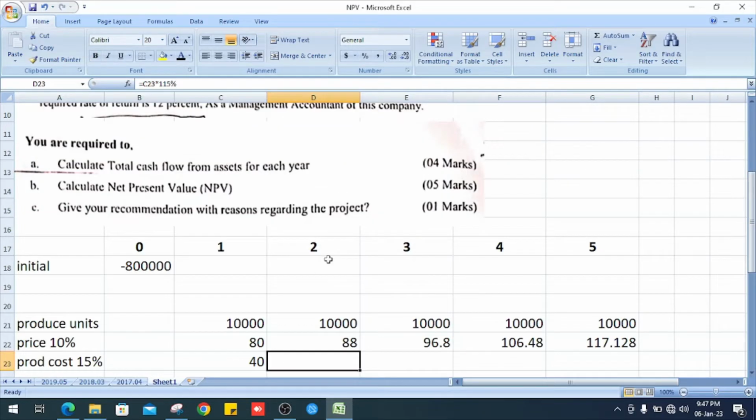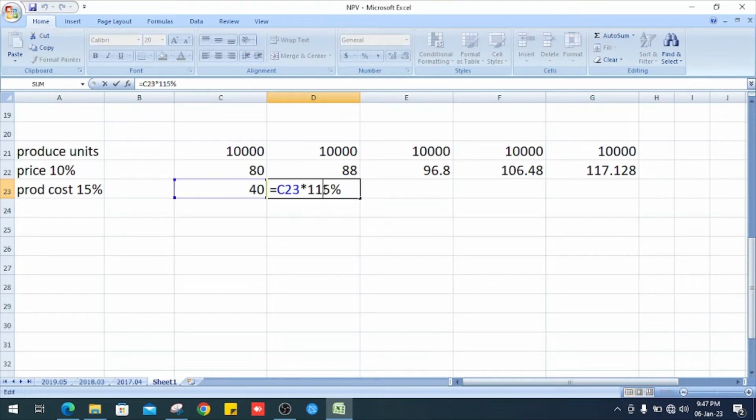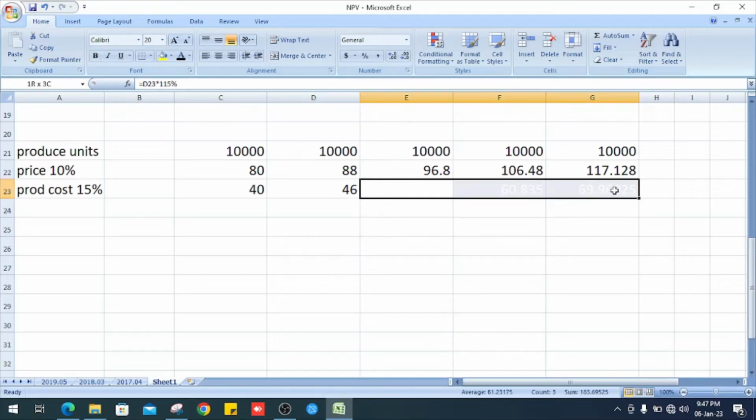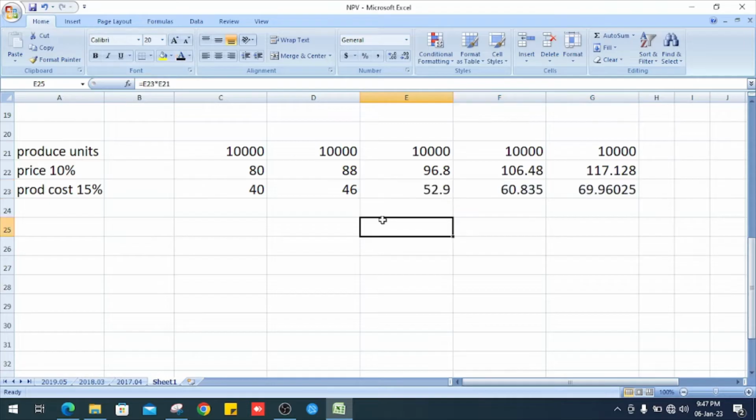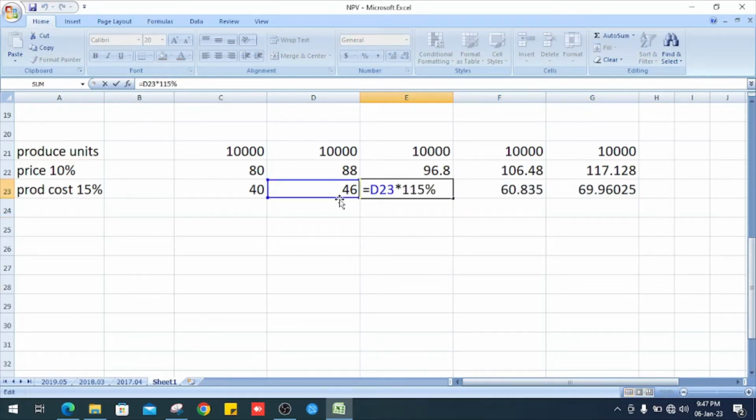In second year, how do we get the value? The first year cost into 115%. Likewise, get the other values. Third year, the second year production cost into 115%.